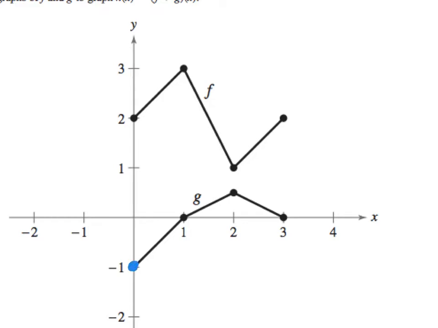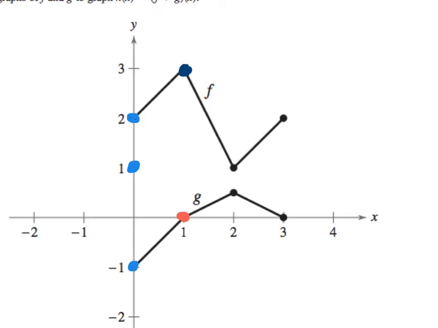So on this dot and this dot, my g of x is -1, my f of x is 2. If I add those together, I get what? 1. I put a point there. Then I go to the next one, where g of x is at 0, and f of x is at 3. Add those together, and you get 3.